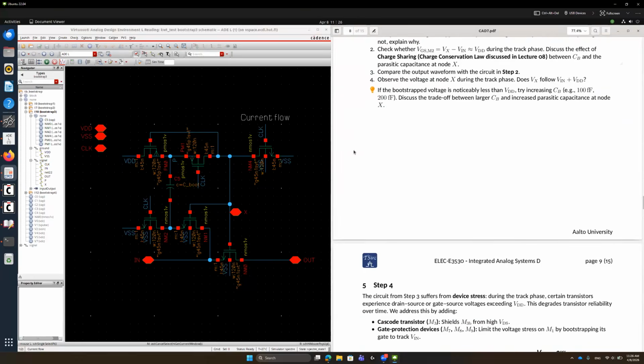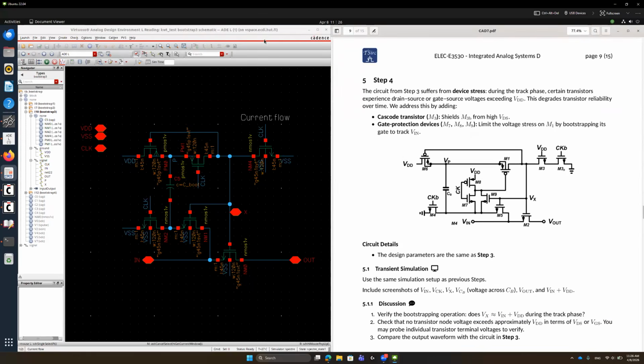To protect against this situation, we can add one more transistor in series. In our case, the VX node is causing the problem of high VDS voltage. If we place another transistor, then the middle node will be voltage divided from Vx.